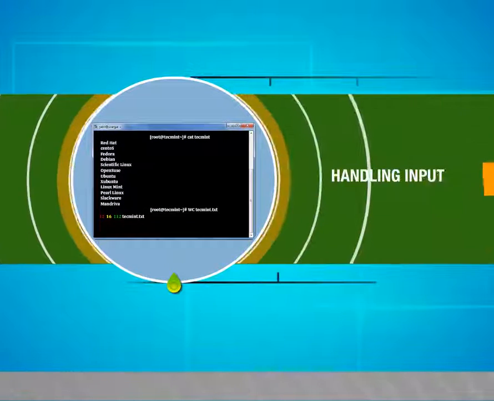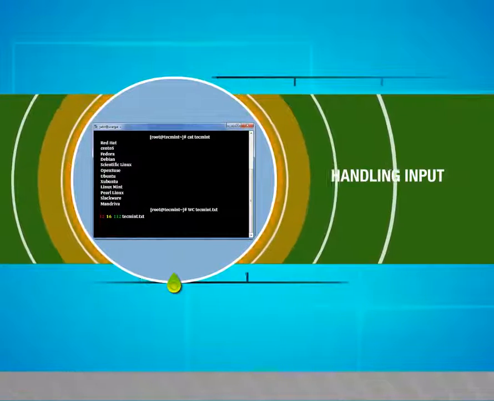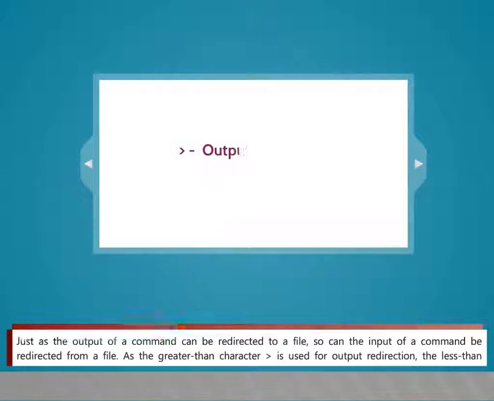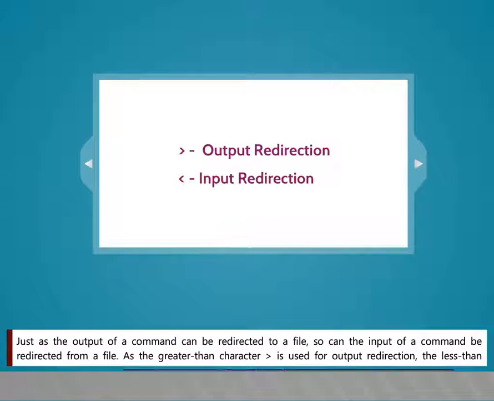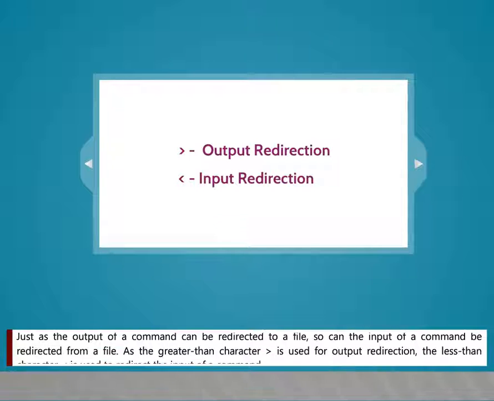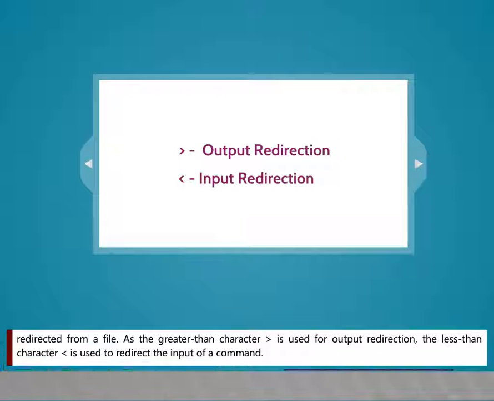Handling input. In this video, we are going to see about handling input. Just as the output of a command can be redirected to a file, so can the input of a command be redirected from a file. As the greater than character is used for output redirection, the less than character is used to redirect the input of a command.